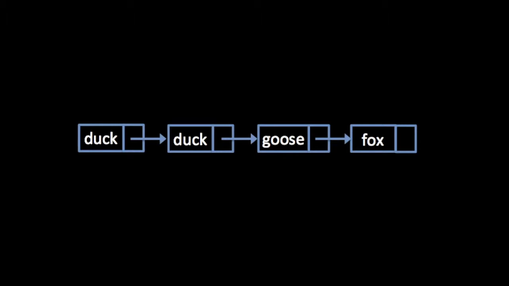That is, each object, which I'll call a node, has a data field containing a string such as duck, and a next field containing a reference to the next node. For the last node in the list, the next field points to null because there isn't any next node. And I can refer to the list with a variable, say, myAnimals, that contains a reference to the first node of the list, which I'll call the head of the list.